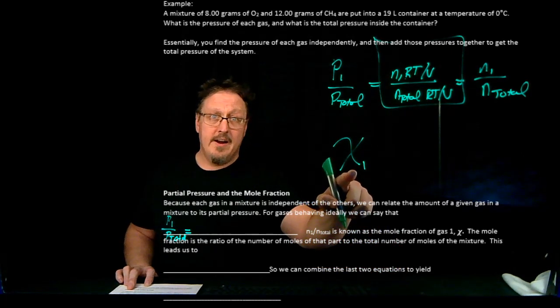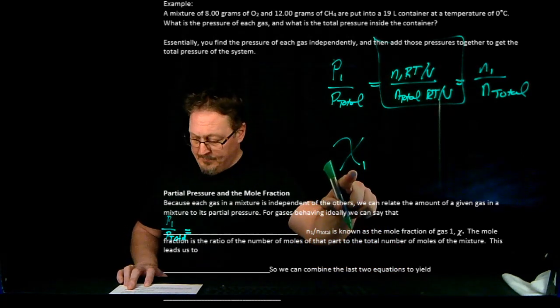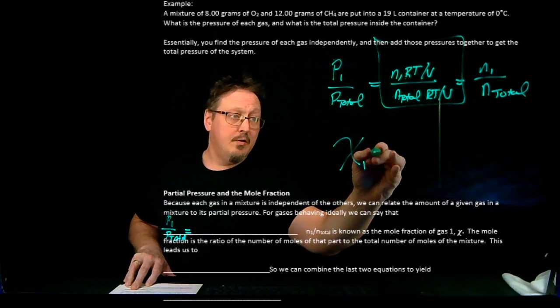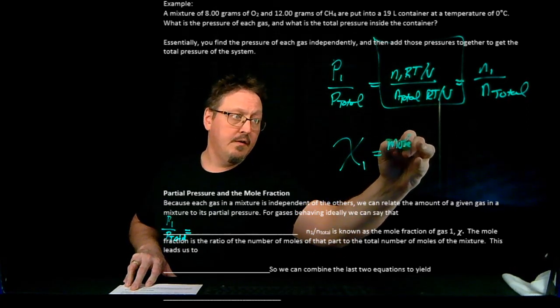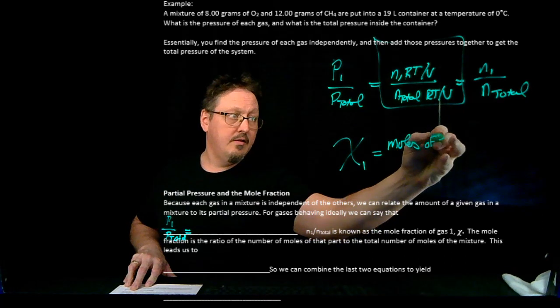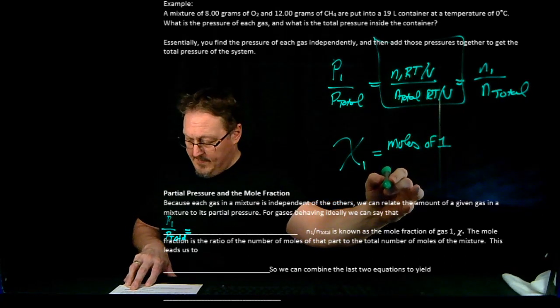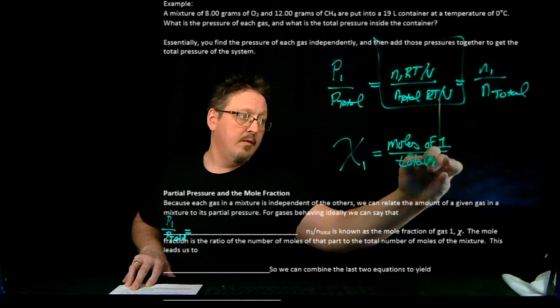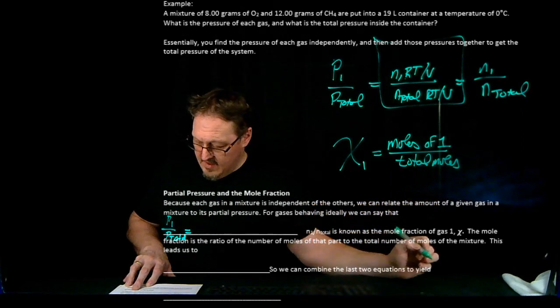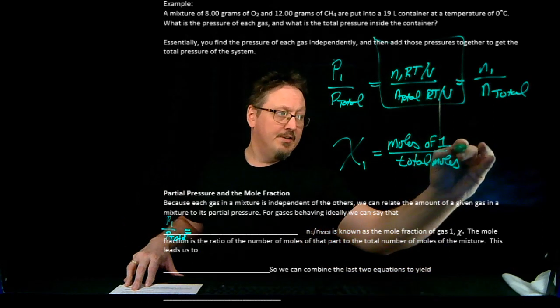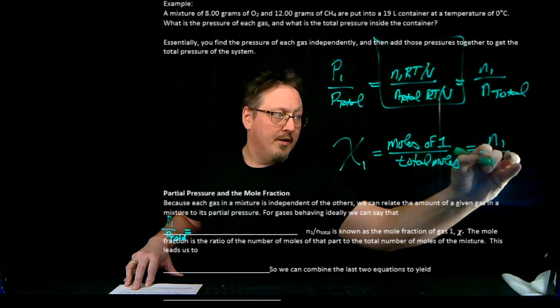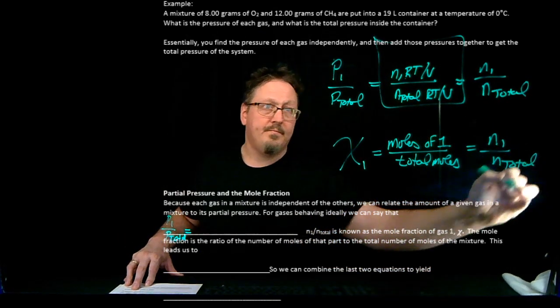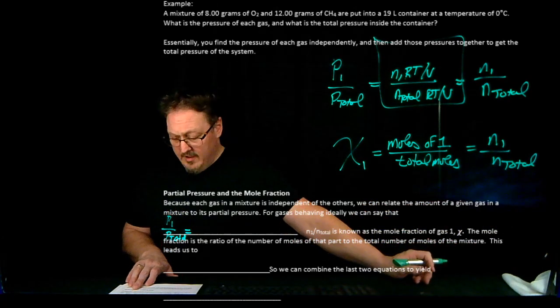So the mole fraction, chi, is equal to the moles of whatever item number 1 is, divided by the total number of moles. That's really just equal to N1 divided by N total. So that's where that goes.